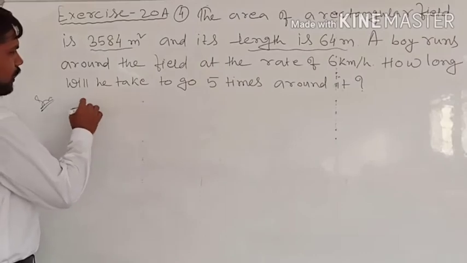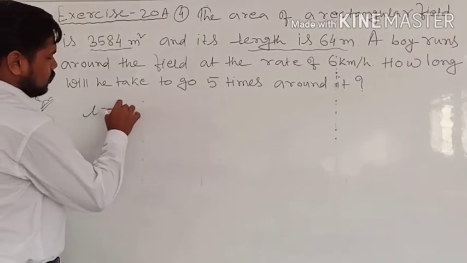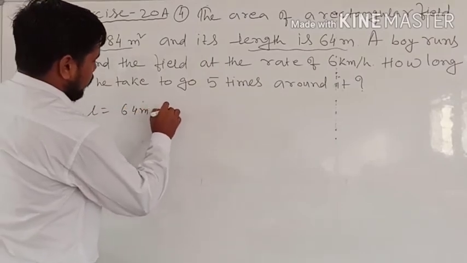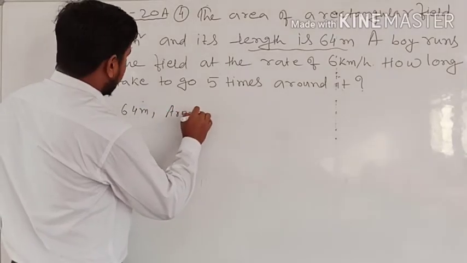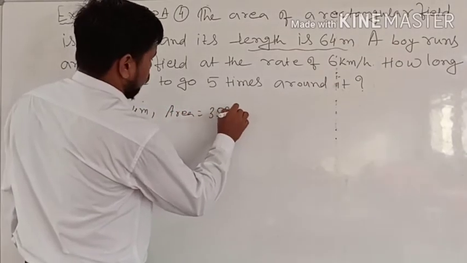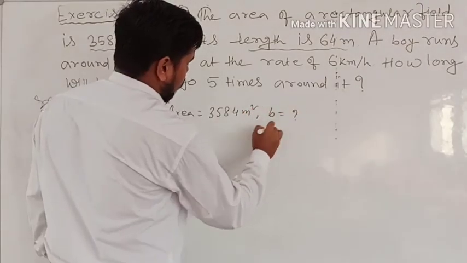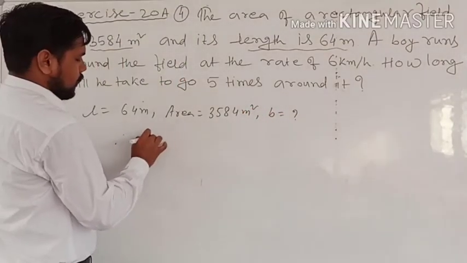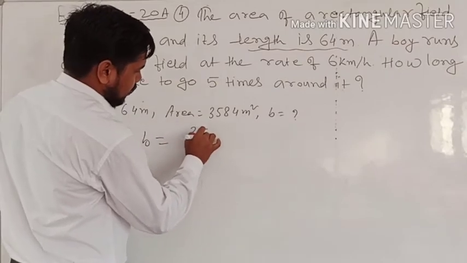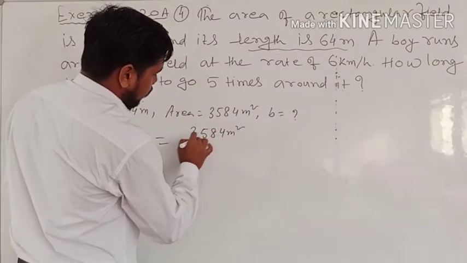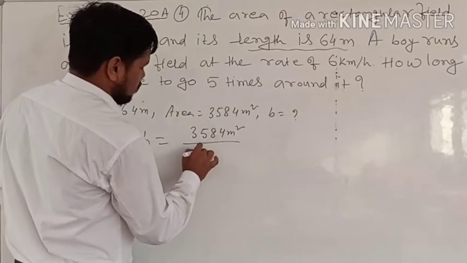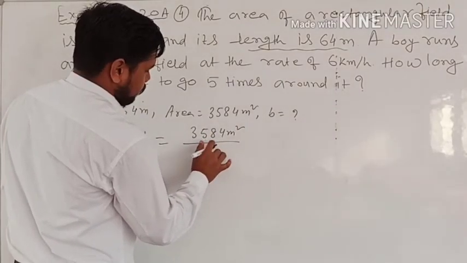Okay. So here length is given 64 meter, area is given 3584 meter square, and you have to find the breadth. Breadth is not given. Therefore, breadth will be equal to the area 3584 meter square divided by the length, 64 meter.